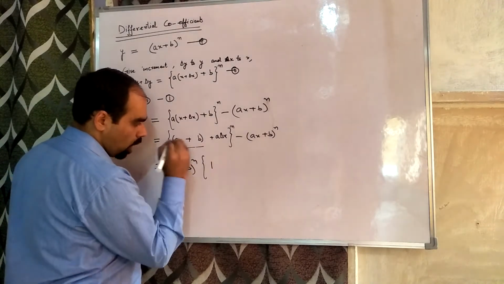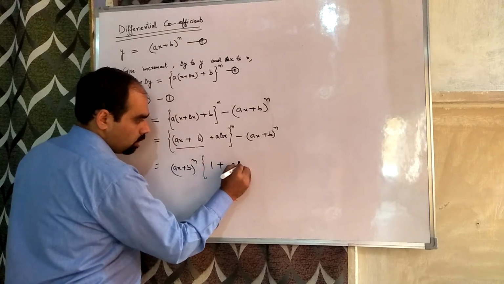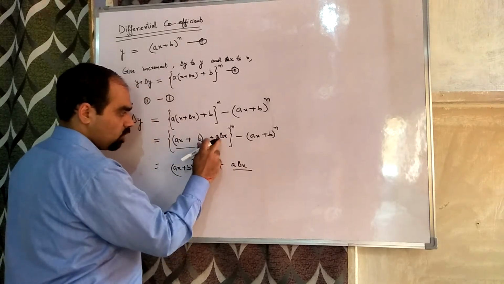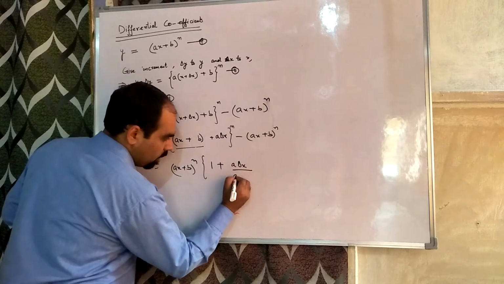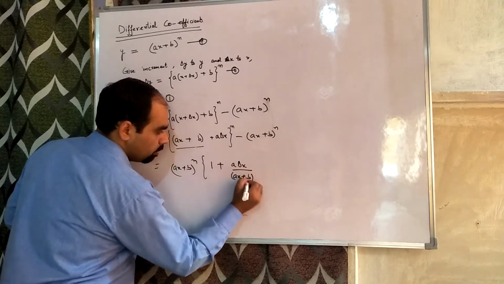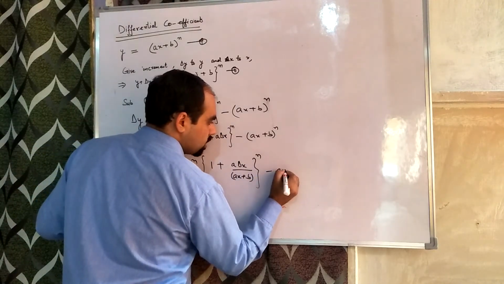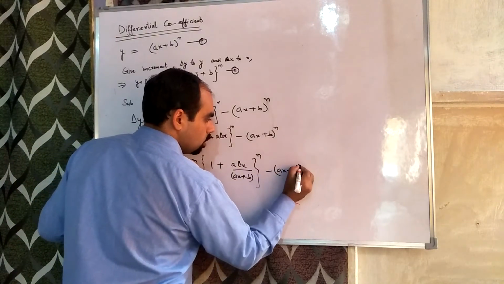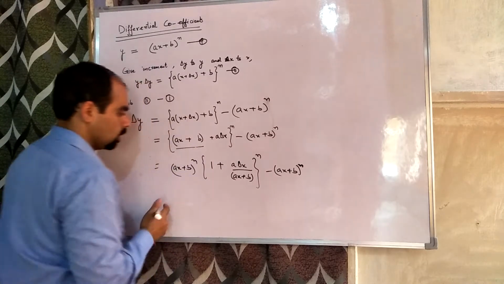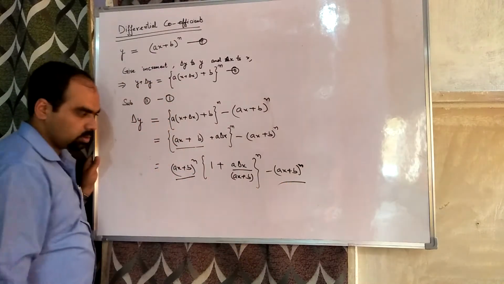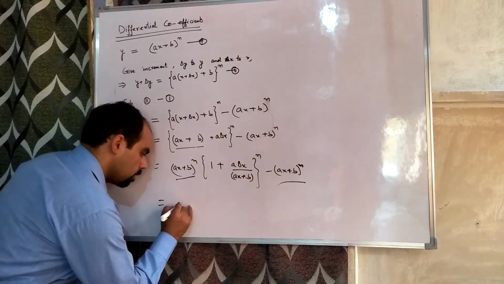From here it is 1 plus a delta x upon (ax plus b), since there wasn't any such term. So (ax plus b) raised to power n minus (ax plus b) raised to power n: this and this is common, take them out.